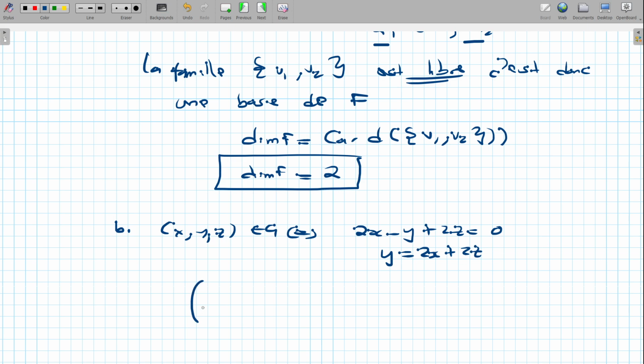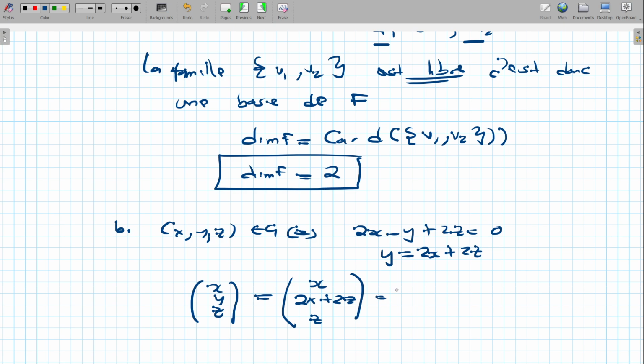Now the vector that I've taken from G is going to be x remains x, y is replaced by 2x plus 2z, and z is z because we've made y the subject here.